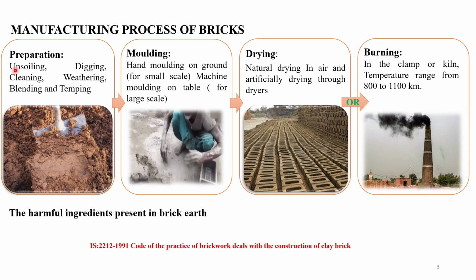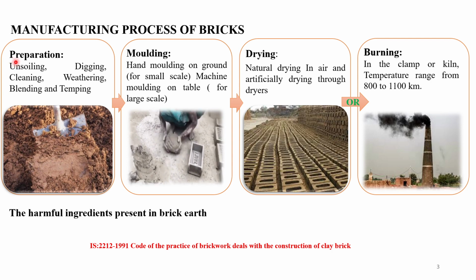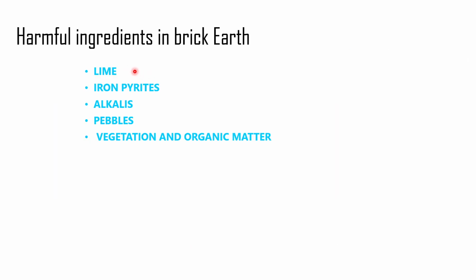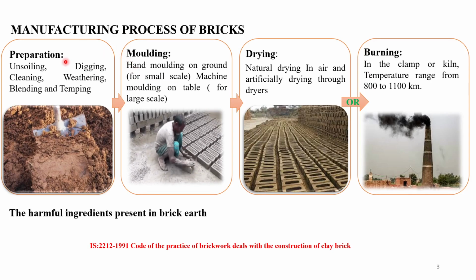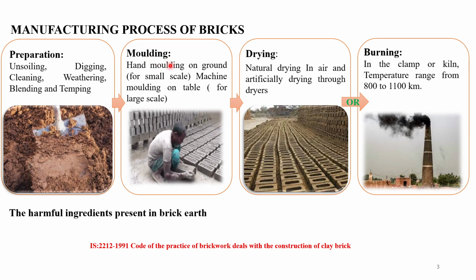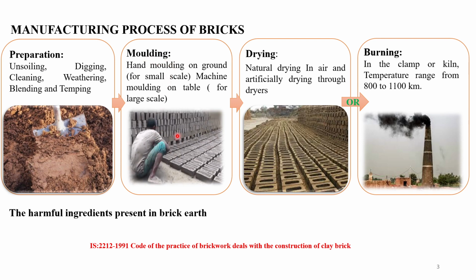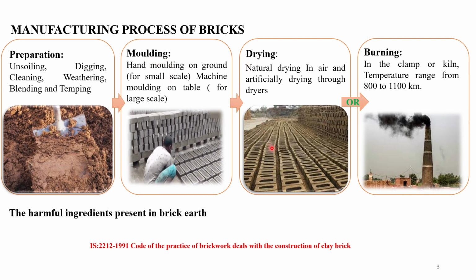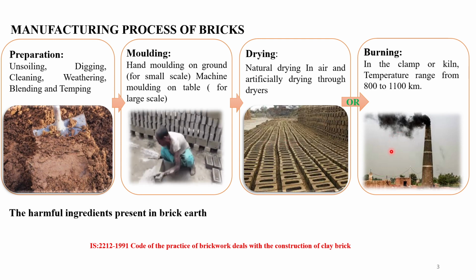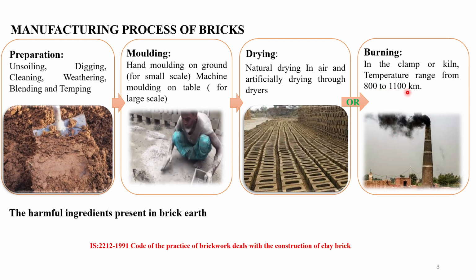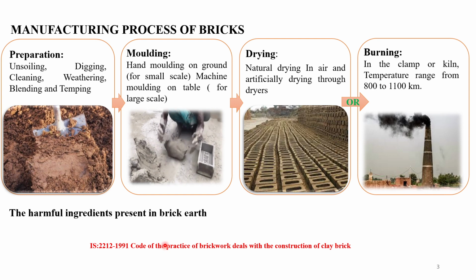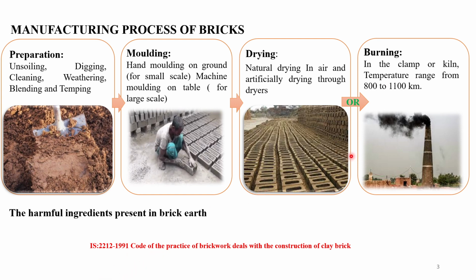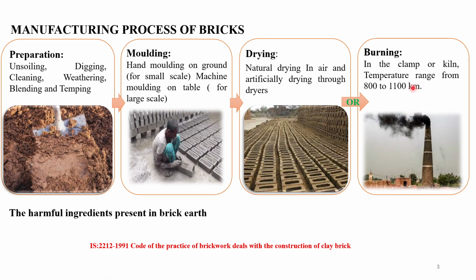So these are the procedure: preparation of clay, then molding of clay into the desired form, then drying, and after drying there will be burning at 1000 to 1100 degree centigrade.